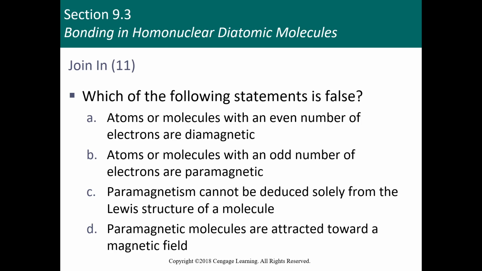Let's go ahead and go on to the other ones and discuss that. Paramagnetism cannot be deduced solely from the Lewis structure of a molecule. That's going to take some thinking. Paramagnetic molecules are attracted towards a magnetic field. Well, let's see. The diamagnetics are repulsed. Paramagnetics are parachuting in, right?